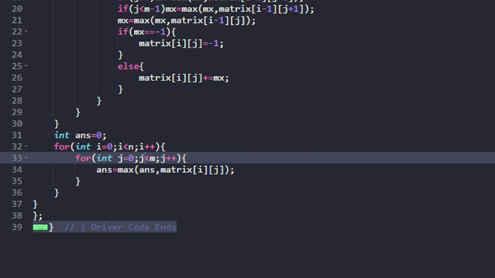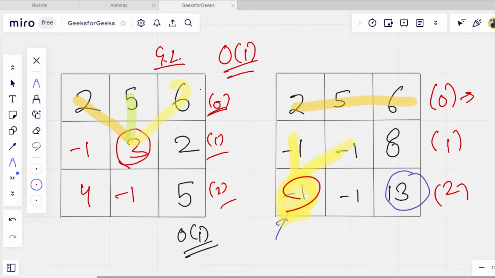So this is what we have discussed on our whiteboard, and we have implemented that particular logic. We first iterate through the matrix and update the same matrix. We cannot take any other matrix, that is the constraint given to us.